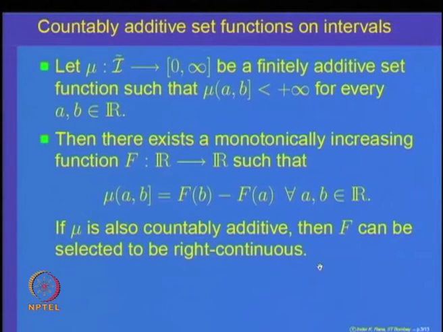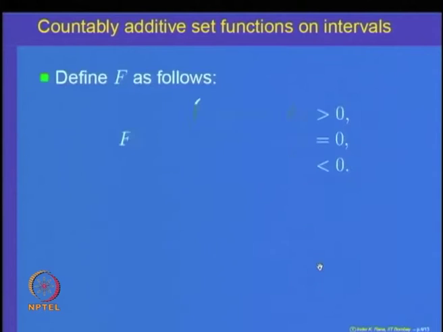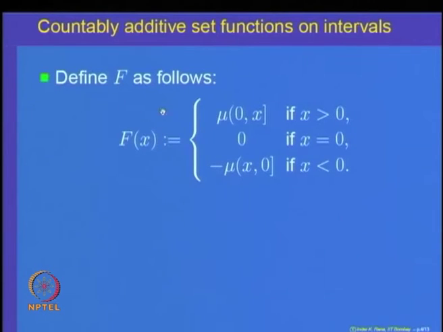So, let us just recall how we defined this function. We looked at the function f defined at a point x as the measure mu of the interval (0, x] if x is bigger than 0, it is 0 if x is equal to 0, and it is minus mu of [x, 0] closed at 0 if x is less than 0.